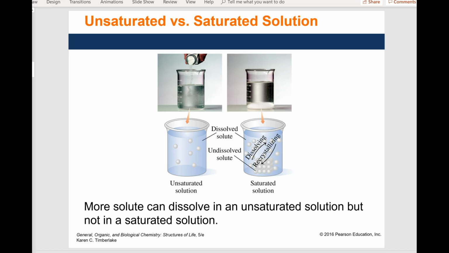So rock candy is a unique candy structure where you create a supersaturated solution. By creating a supersaturated solution, what you do is you increase the temperature of your solvent, the water, so that more of your solute, which in this case is sugar, will dissolve. And then you very carefully reduce the temperature.